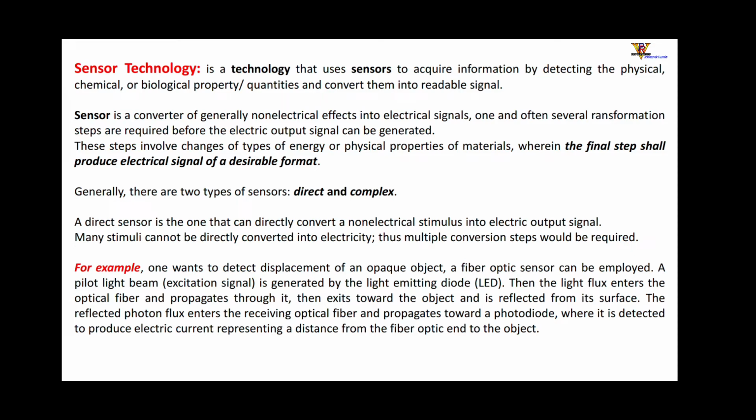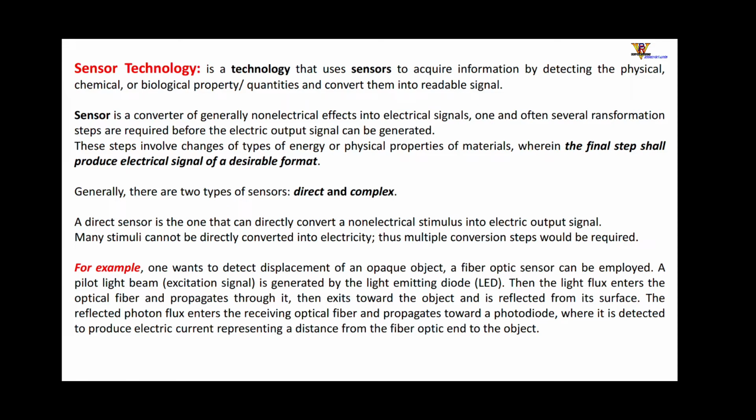So the several transformation steps require change of many types of energy or physical properties of materials, wherein the final step shall produce an electrical signal of a desirable format. In the final step you will always get an electrical signal of a desirable format so that it can be used for display purposes.